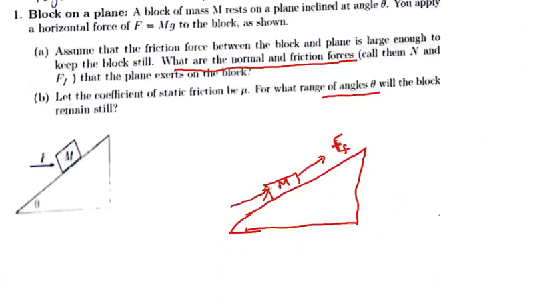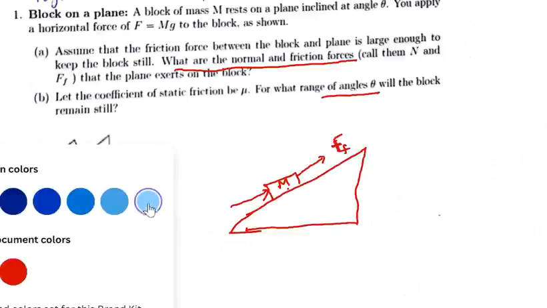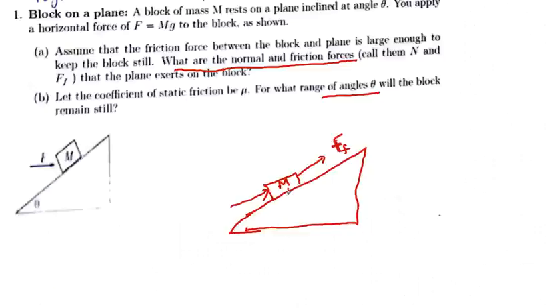The force on the mass will be acting downward. Here is theta, and this will be mg cos theta.